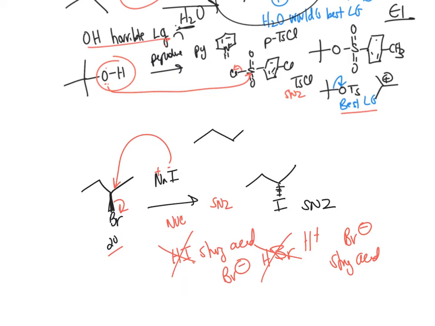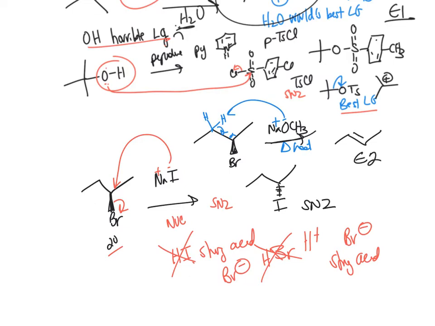If you had something like this and you have sodium methoxide, then you're going to say, okay, well, this is going to be a base. What if you have heat? Then here's your alpha carbon, and you're going to choose the beta hydrogen that's going to give you the more substituted alkene, and this would be E2 because you have a negatively charged strong base.